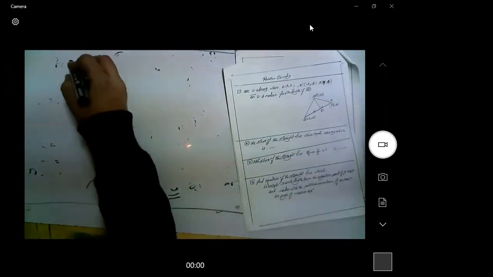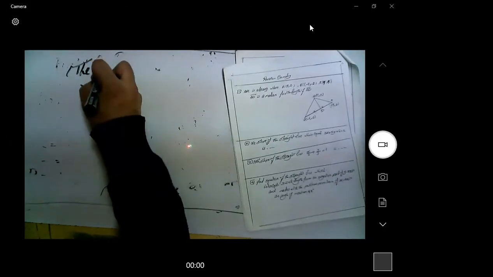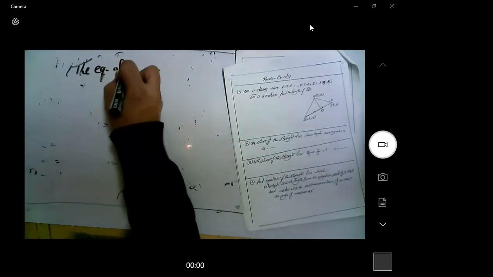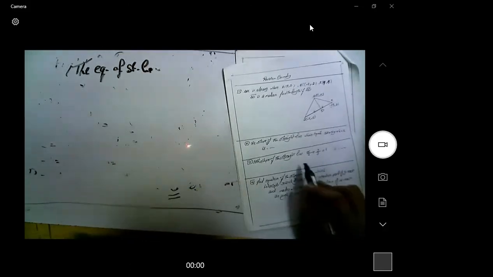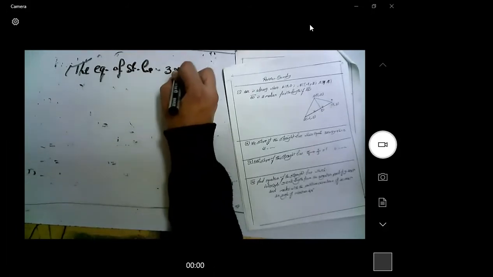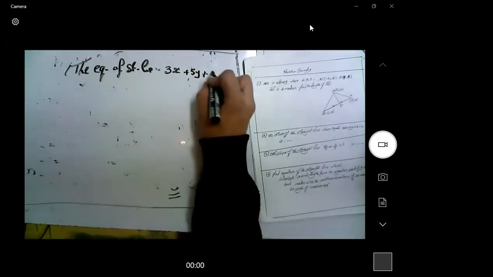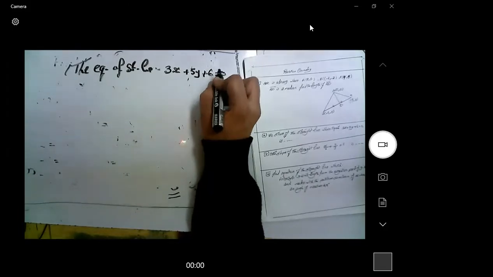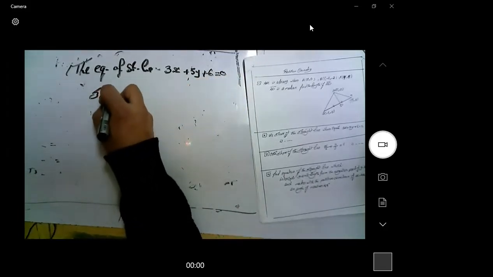We have the equation of the straight line, 3x plus 5y plus 6 equals 0. And the question is to get the slope of the straight line.